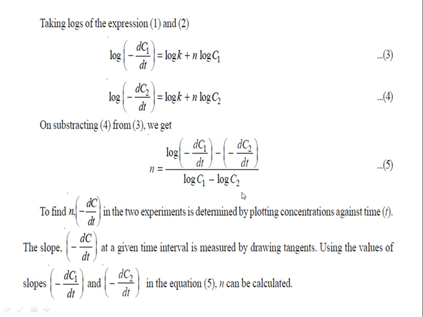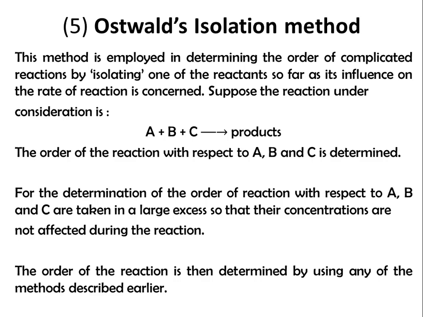So we plot the graph of C versus t, concentration versus time, with t on the x-axis and C on the y-axis, and the slope of the graph represents these values. Once we get the slope, we can determine the order of reaction by the differential method.